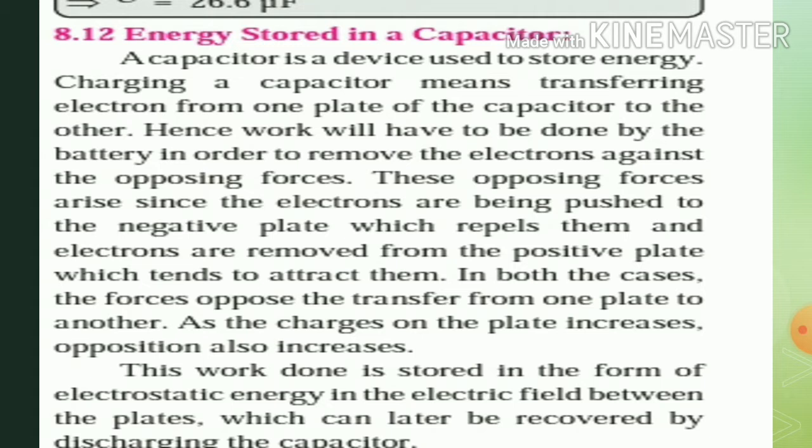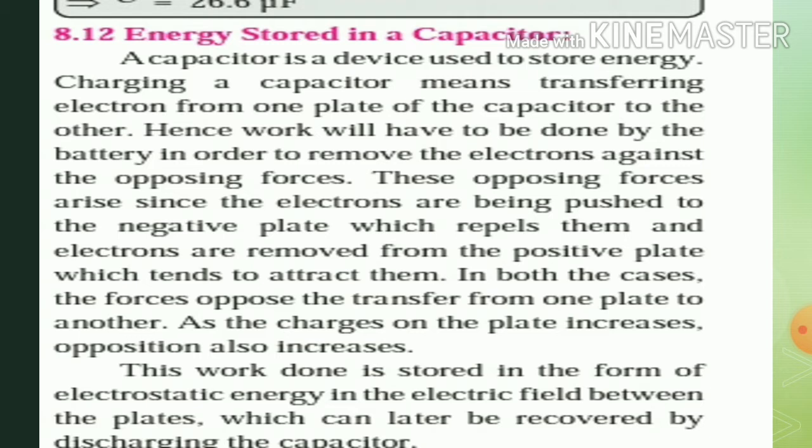This work done is stored in the form of electrostatic energy in the electric field between the plates, which can be recovered by discharging the capacitor.